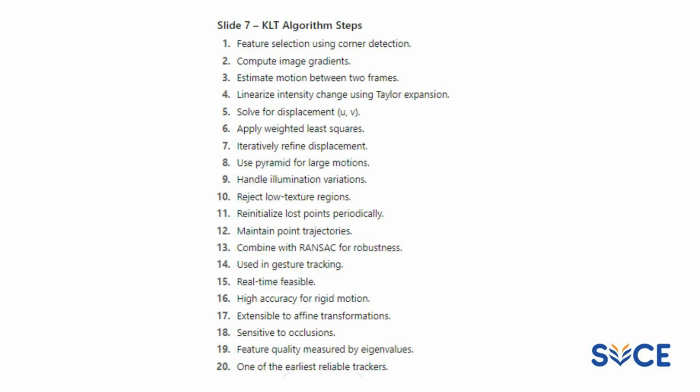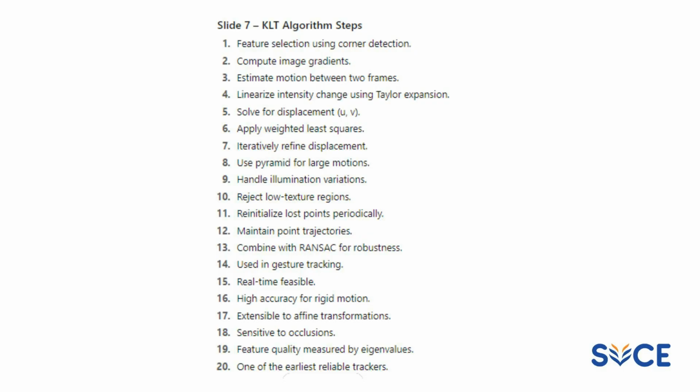It computes the image gradients, that is, it calculates the spatial intensity gradients I of x, I of y in the window. It computes the temporal gradient, that is I of t, as the difference in intensity between consecutive frames. Here it forms the optical flow equations, where it applies the optical flow constraint equation for all pixels in the window.